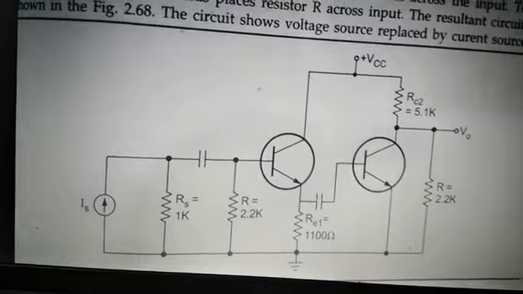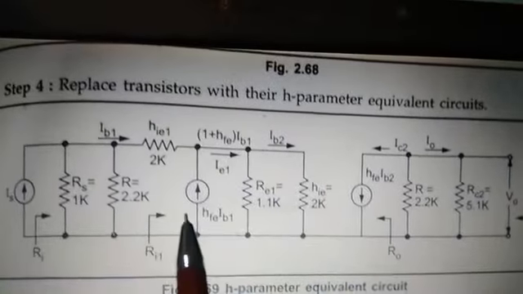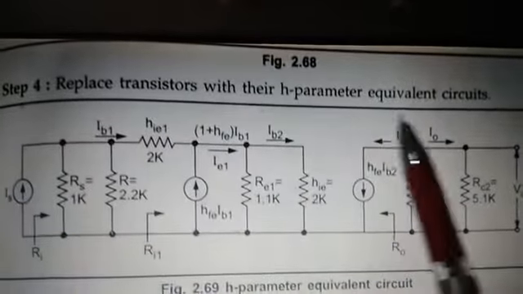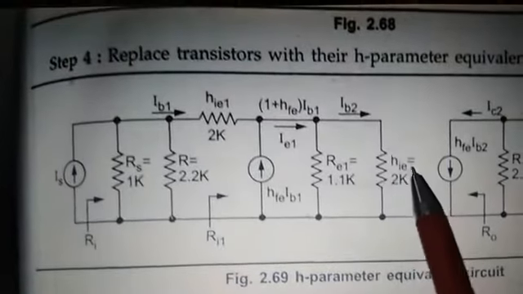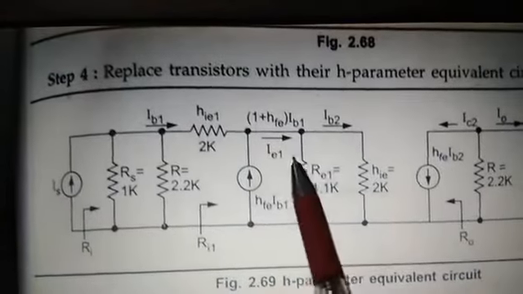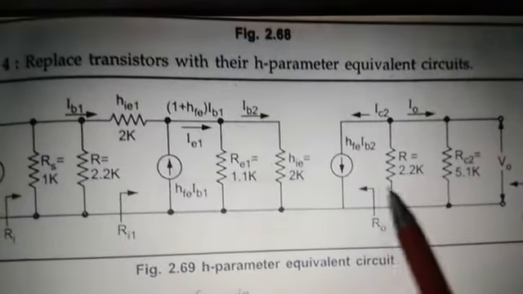Mark these parameters. Now let us see this parameter diagram. You can see the replacement with the H parameter model. Replace each transistor with its H parameter equivalent circuit. Here this is the transistor 1 equivalent circuit, and this is the transistor 2 equivalent circuit, the H parameter model.